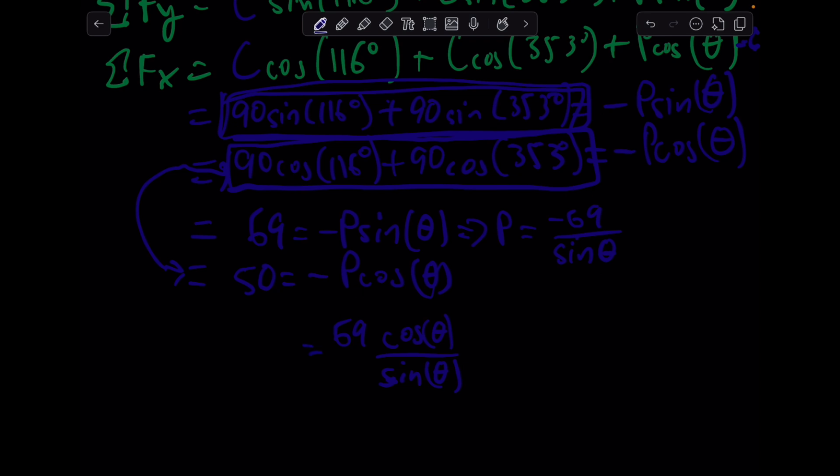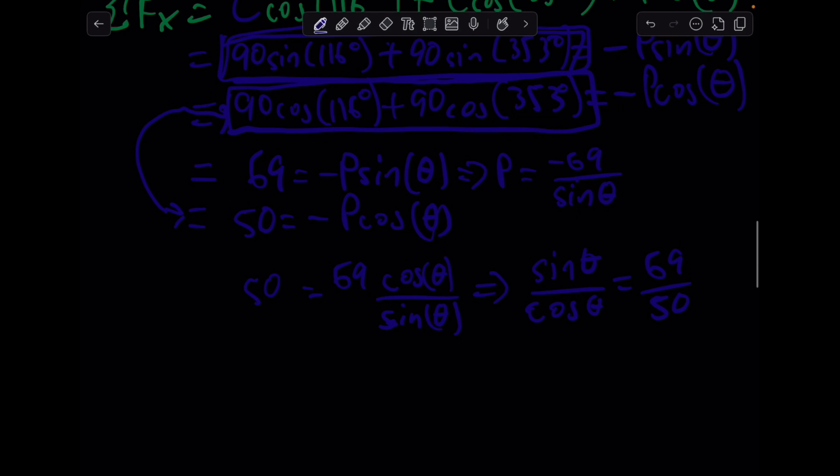It's going to equal 50. And then furthermore, if we simplify, we can say sine theta over cosine theta equals 69 over 50. And if you don't remember, sine over cosine gives us tangent theta.